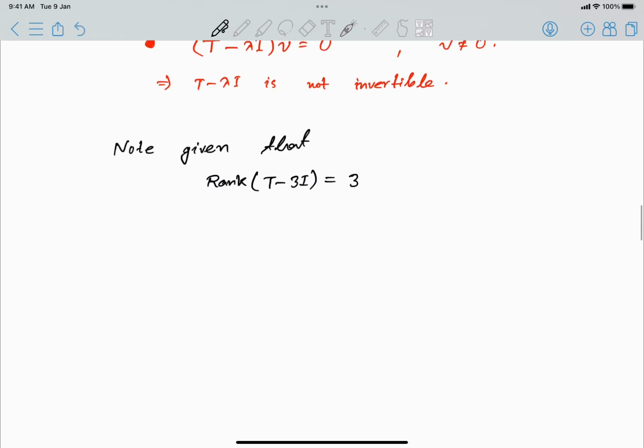So what is this saying? T is a linear transformation from R4 to R4, right? And identity is also a linear transformation from R4 to R4. So T minus 3I is also a linear transformation from R4 to R4.